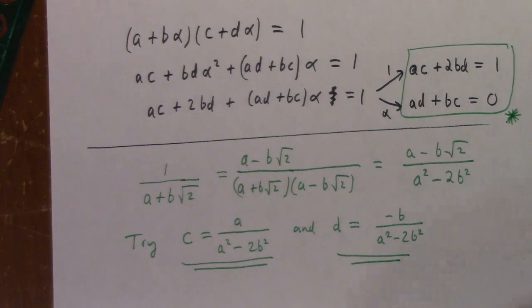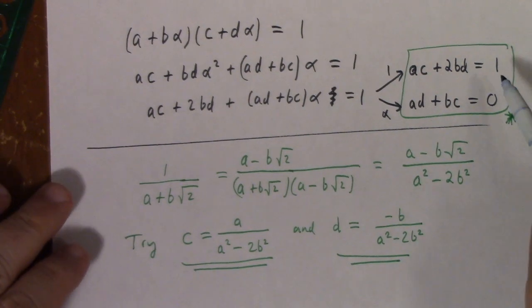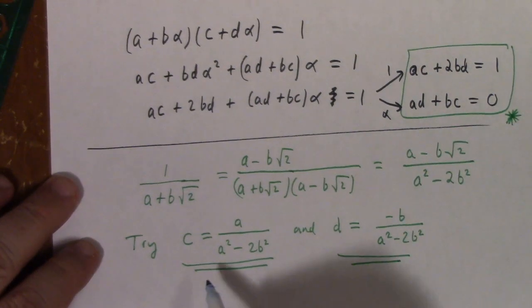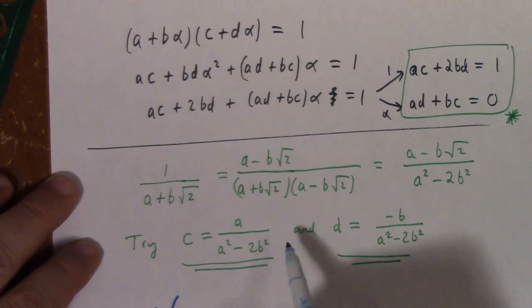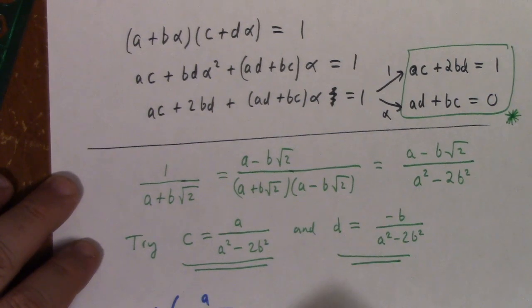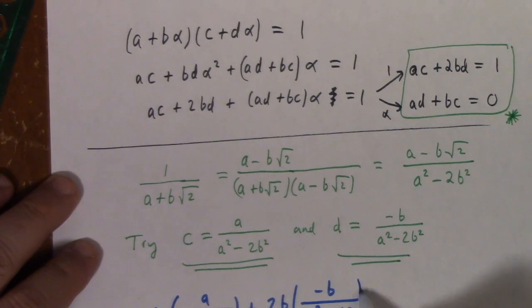Let's see here. So let me try that out. So we've got a times c. I'll just check one of them. So c was a over a squared minus 2b squared plus 2b times d, where d is minus b over a squared minus 2b squared, right?